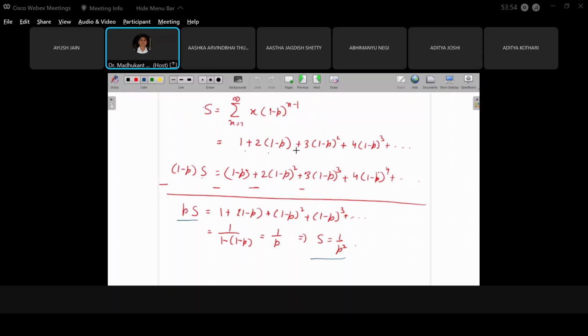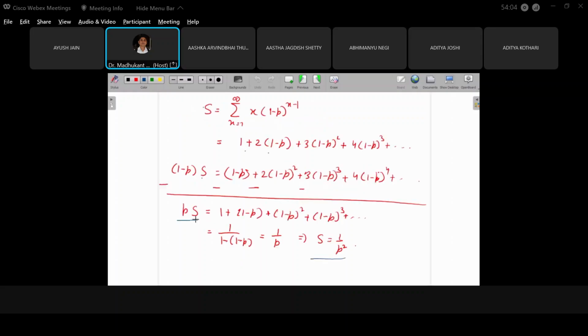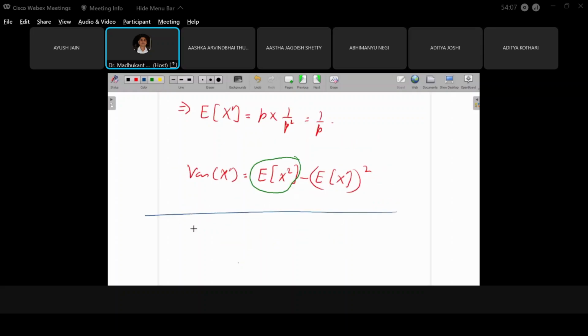I think we have that the expectation of x is 1 by p. Now, similarly, you can identify the expectation of x square. Expectation of x square is equal to the summation over x equals 1 to infinity of x square times p_X(x), where p_X(x) is p times (1 minus p) to the power x minus 1.